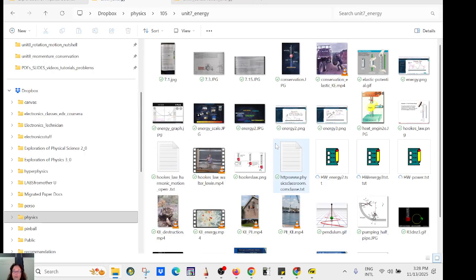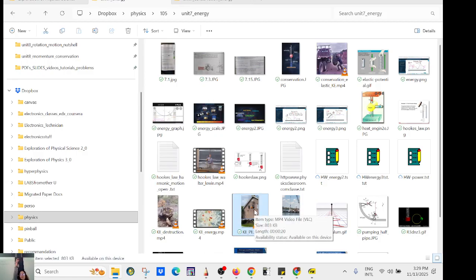Conservation of energy. Okay, so I've found this super cool video. So that goes from potential, kinetic. Trampoline is elastic. So potential, kinetic, elastic, kinetic, potential.